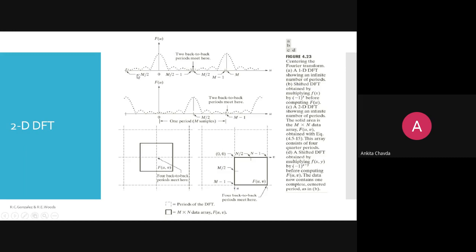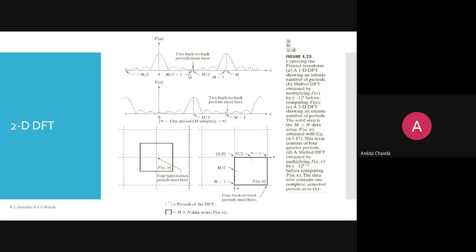This is minus M by 2 on the left and plus M by 2 on the right, because the total number of samples is M, just for 1D, a single dimension. So it is divided into left and right halves, from minus M by 2 to plus M by 2, right?